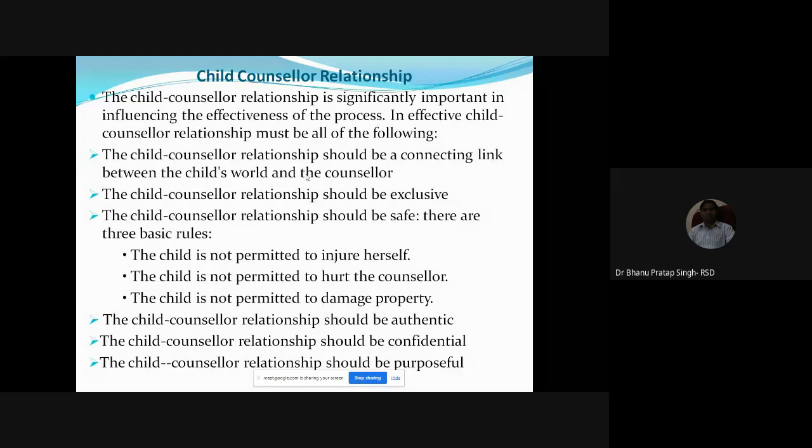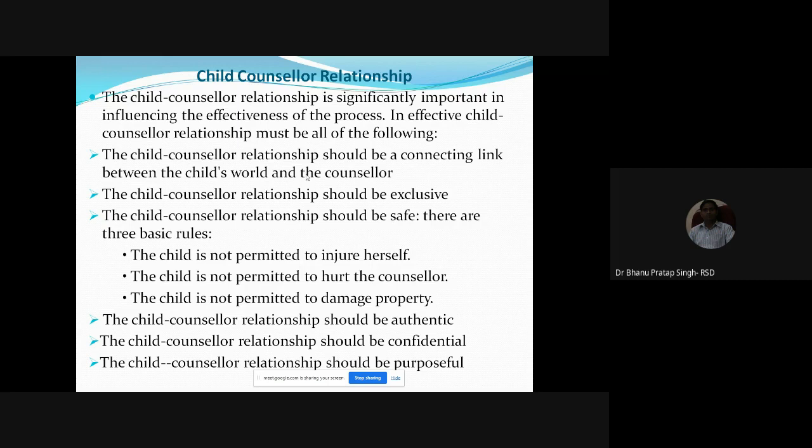And there is just some basic rule when the counseling is taking place, that child should not be permitted to injure, child should not be permitted to hurt the counselor, child should not be permitted to damage the things.